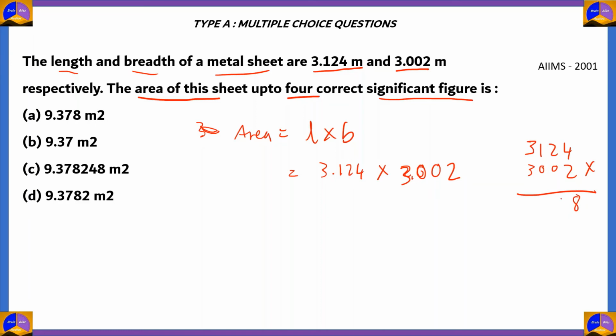So 2 times 2 is 4, 1 times 2 is 2, 3 times 2 is 6. And then since there are 2 zeros, all of the 4 will be zeros. And then 4 times 3 is 12. 2 times 3 is 6. 6 plus 1 is 7. 1 times 3 is 3. And 3 times 3 is 9.